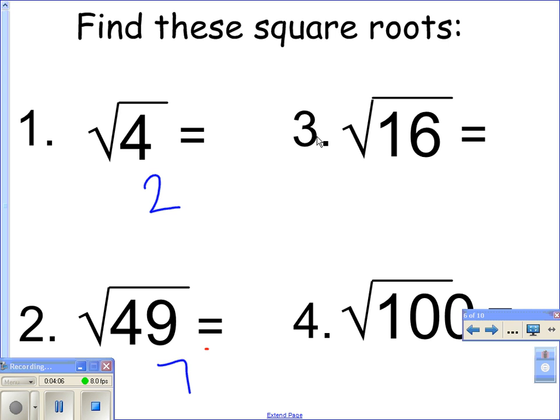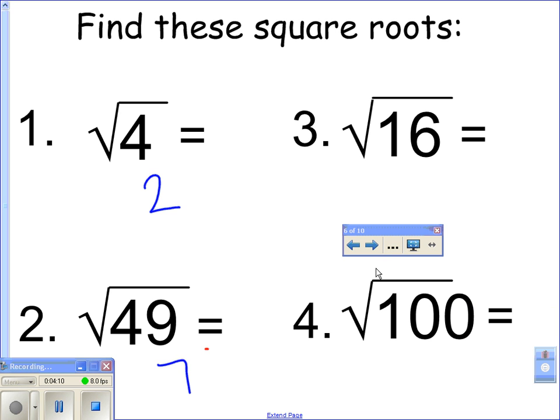Pause the video and answer numbers 3 and 4 on your own. Okay, so square root of 16, what number times itself equals 16? The answer is 4. For number 4, what number times itself equals 100? That answer is 10. If you missed 3 or 4, correct it now and then move on.